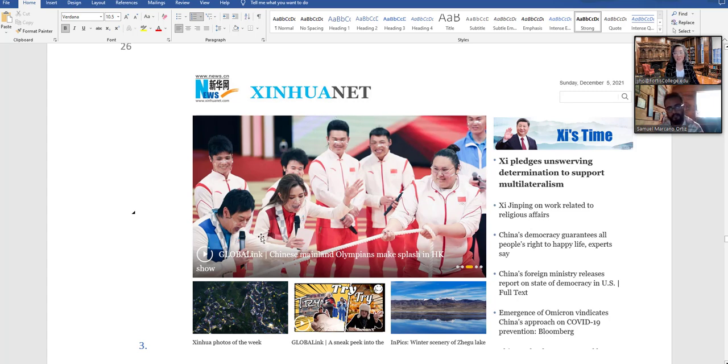Xinhua Net, any of those Chinese newspapers translated into English, looks something like this, in which everything looks so beautiful and everything is perfect. If you look at an average newspaper, you see crime, you see good news, you see bad news, someone got shot, someone didn't get shot. But here it's just all good news, good news, good news.